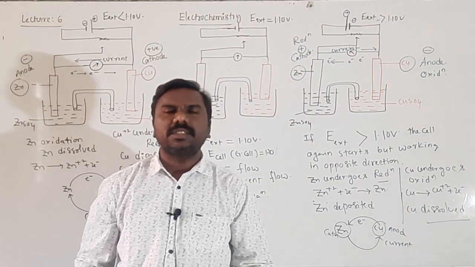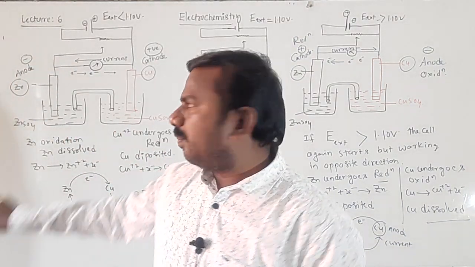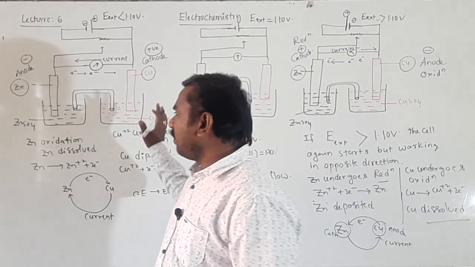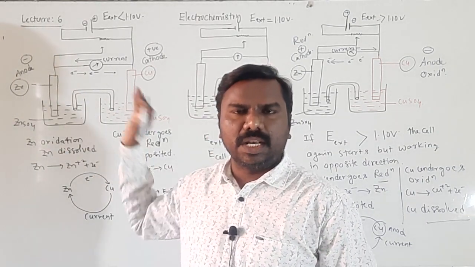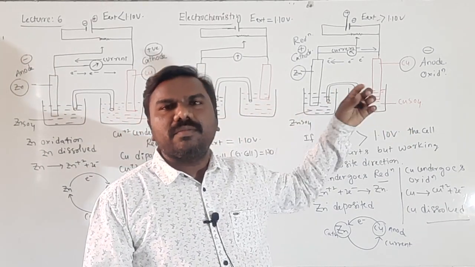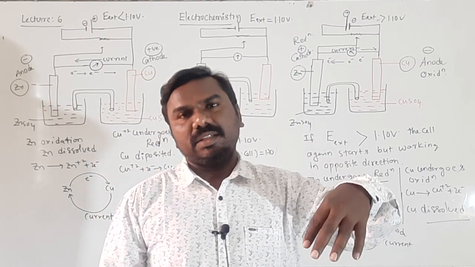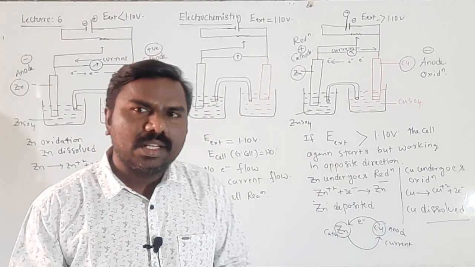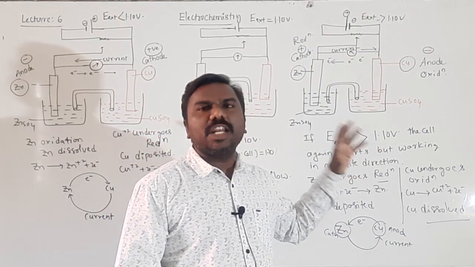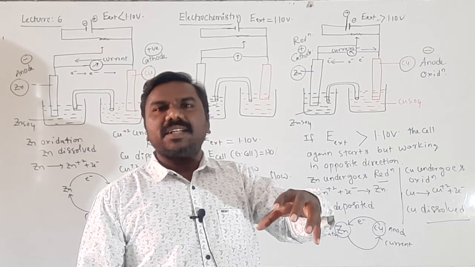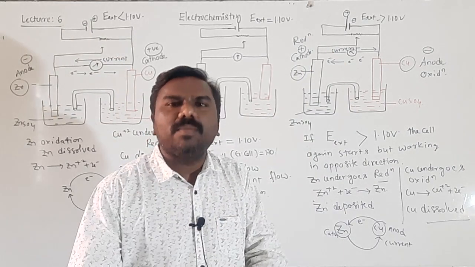Getting, students? It means in the beginning it acts as a galvanic cell in which chemical energy is converted into electrical energy. When I apply more voltage, it means when I pass electricity in the opposite direction, the cell will work in the opposite direction, in which by electricity the chemical reaction will happen.